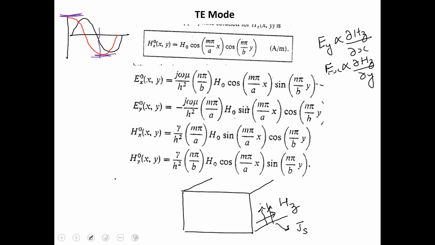Because the electric field has to take a sinusoidal form, the derivative of the magnetic field has to be zero, which presents the solution that when the derivative of the function is zero, it can only be a cos function, not a sine function. So because both the derivatives of HZ in x and HZ in y have to be zero, the variation in x and the variation in y are now going to be cos functions.